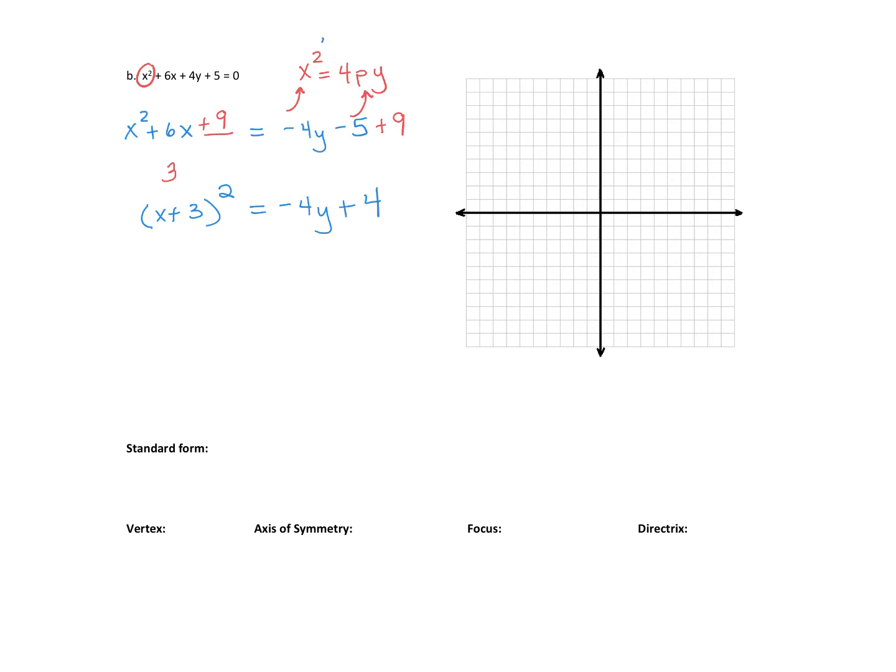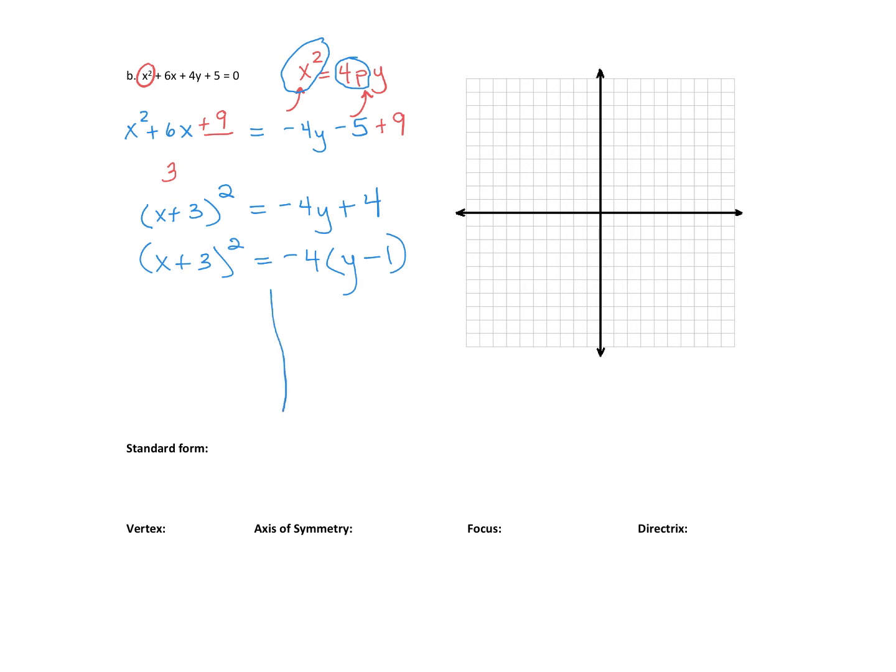We have the x squared piece, but we want this to be something times a y piece. In this case, I noticed that they're both divisible by 4. Regardless, I would factor out the coefficient of the y, and this would give me y minus 1.